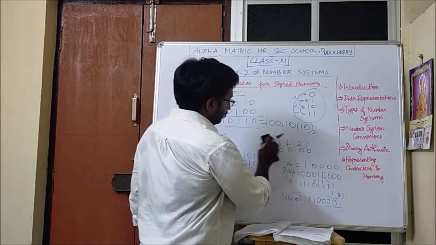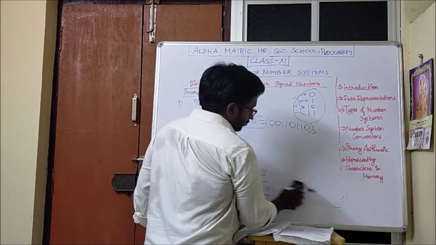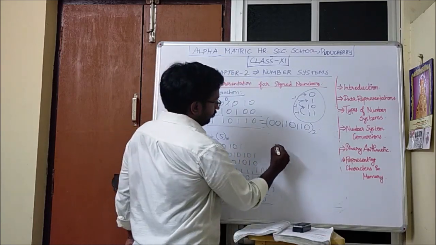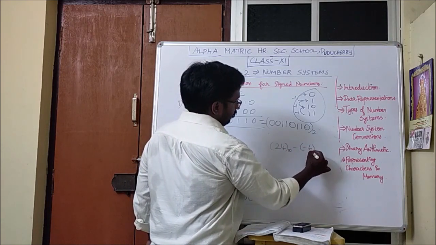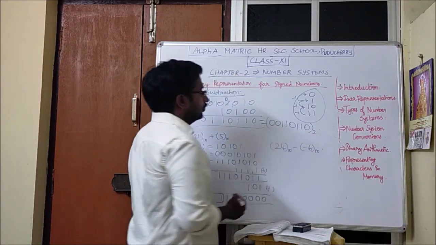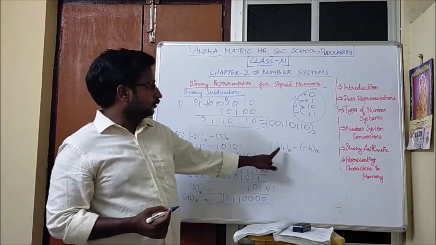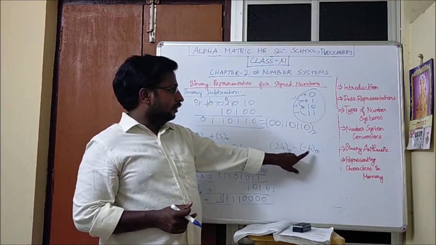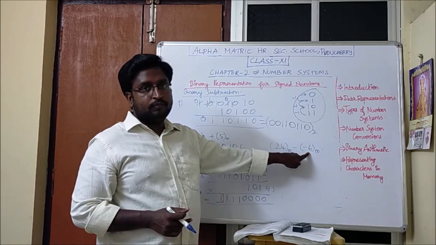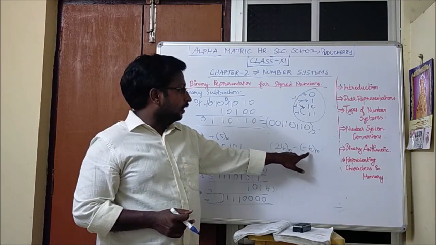Another example: in case you get a number like this, normally you have to find the binary equivalent for 24, and do the 1's complement and 2's complement for this minus 6.